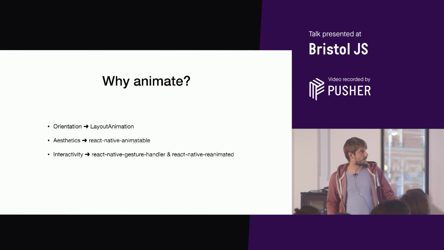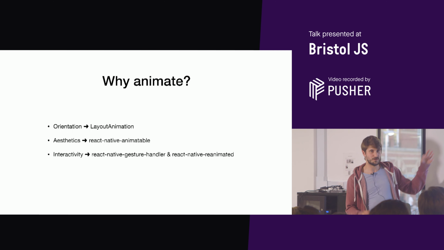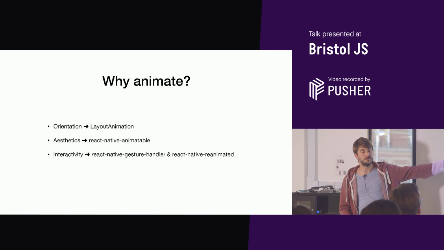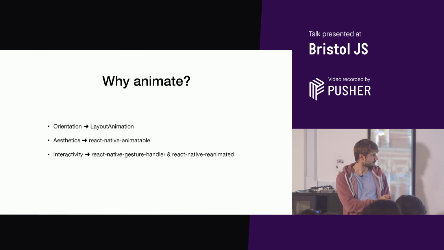So yeah, coming back to why we do animations. For orientation, if you want to do those kinds of things, then layout animation is really, really good. It'll get you most of the way there to a nicely interactive app.